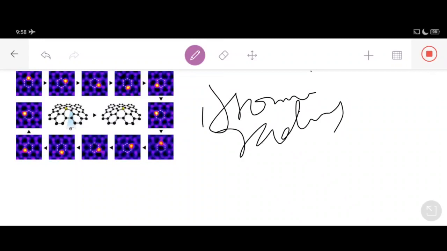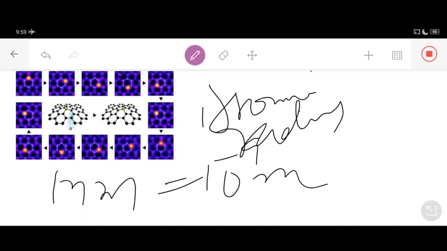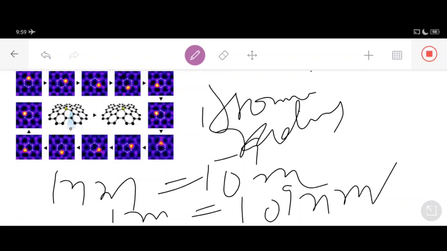I told you that nanometers are related to meters as: 1 nanometer is equal to 10 raised power minus 9 meter, and 1 meter is equal to 10 raised power 9 nanometer. This is the relationship between nanometers and meters, and it gives you the concept of how big these atoms are.